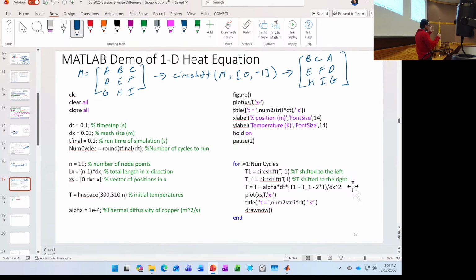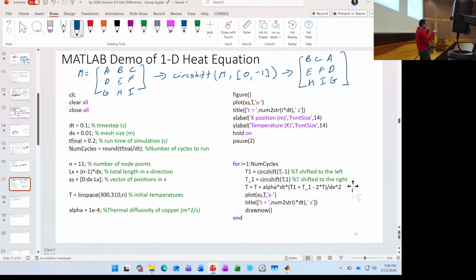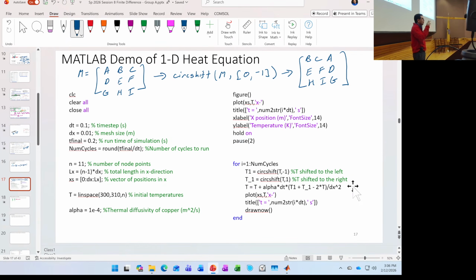So if I took my M matrix and my circshift matrix right here, and I said, oh, I want to do M minus this circshift matrix, then I've got, in the first row, first column, A minus B. In the second column, first row, I've got B minus C. And then the last one, I've got C minus A in the top right, okay? So this is a nice, clever way to essentially apply these finite differences quickly to matrices. Okay?